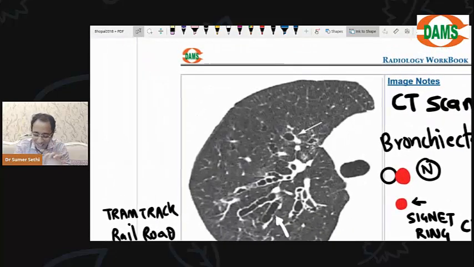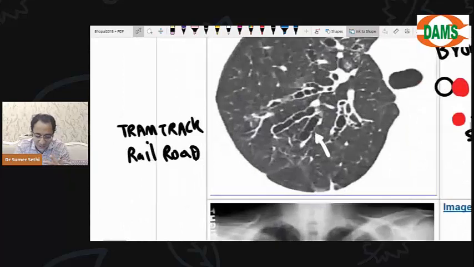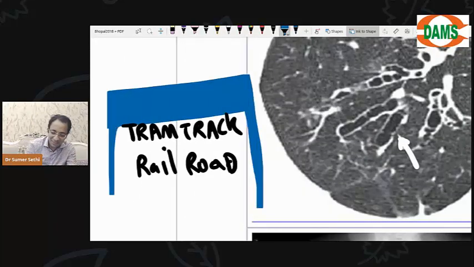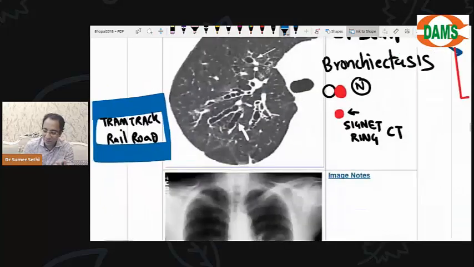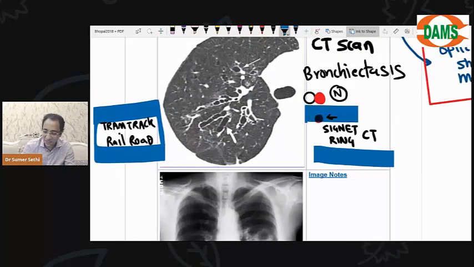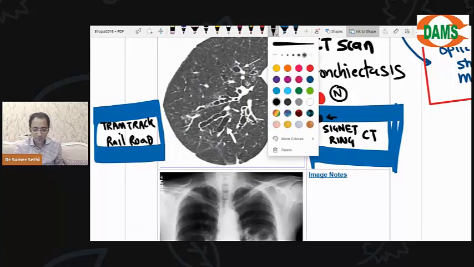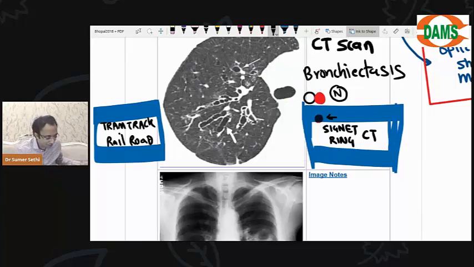But the key is the words tram track appearance and signet ring sign. Are you able to mark it? Very good. Now let's see if you can answer a question.